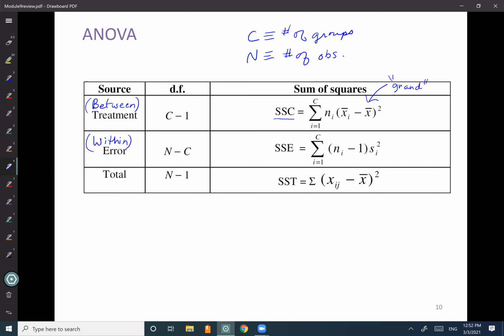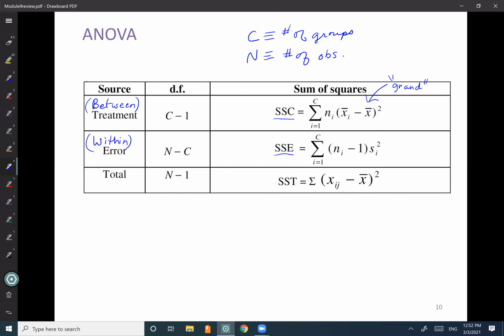And then we can calculate also the within, or the error, SSE. E stands for error. We have the sum from i equals 1 to C of the size of each group minus 1, multiplied by the standard deviation squared, which is the sample variance. So think of Africa, we had 52 countries, subtract 1, multiplied by the sample variance.